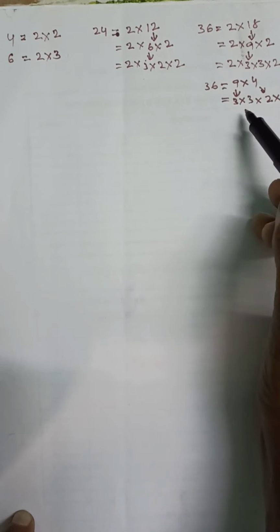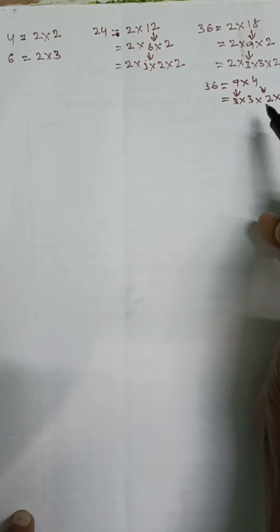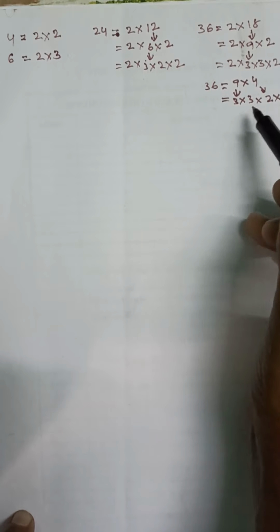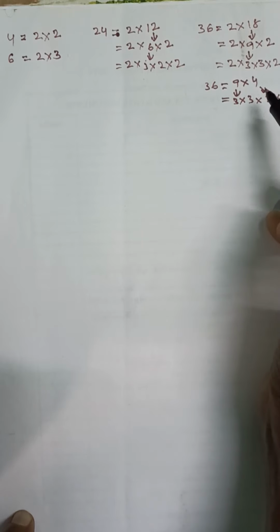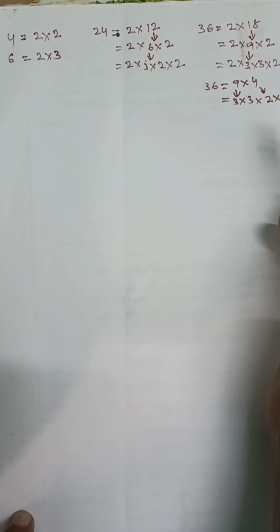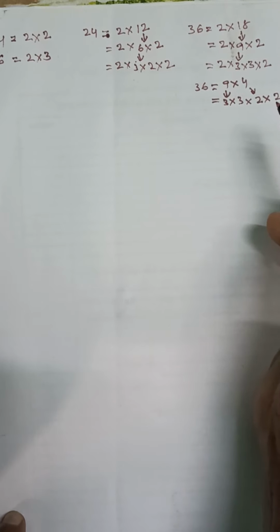Here 2 occurs 2 times, and 3 occurs 2 times. Here also 3 and 3, 2 and 2. Here the order is changed, but the factors must be unique. So by this we can write the fundamental theorem.